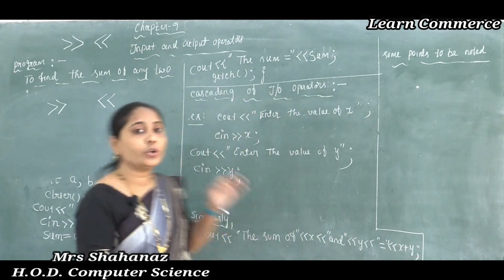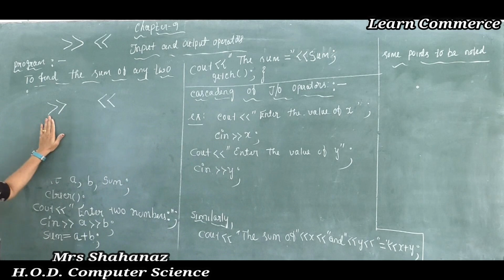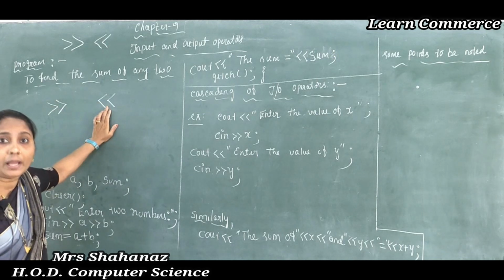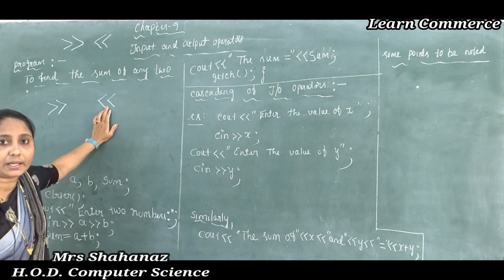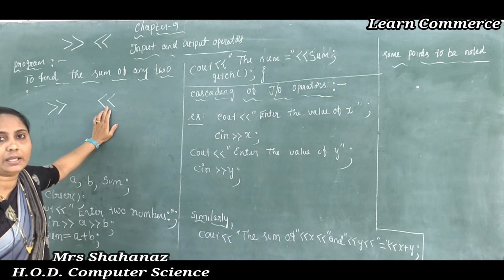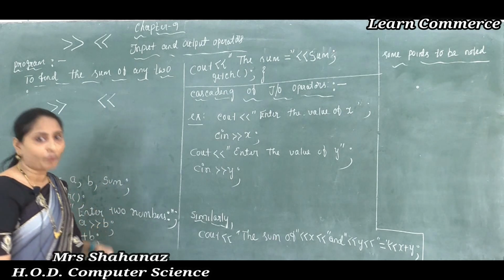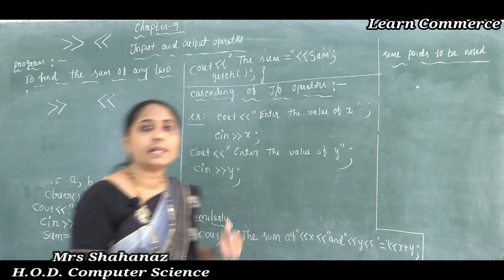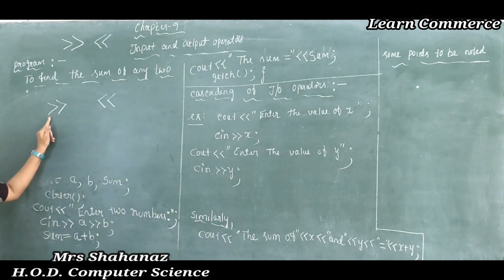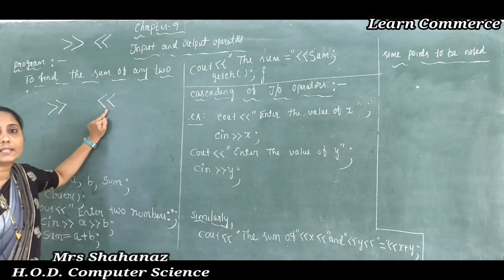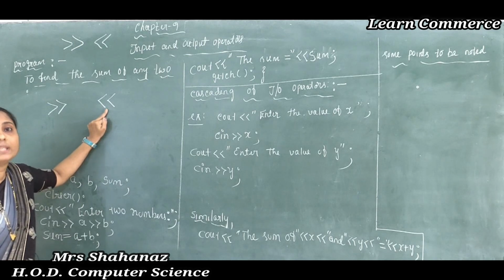So what is cascading? Here we can say that our C++ supports the stream extraction operator, which is used in our cin function, and also it supports the stream insertion operator, and such operator is used in our cout to display the information many times in a single cin, that is called the input, and many times in a single cout, that is called the output statement here.